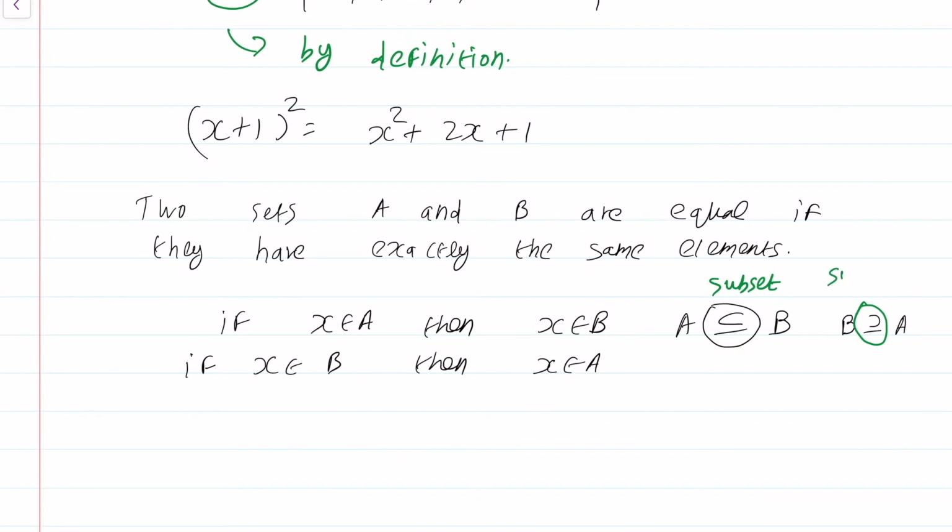The second one is obviously by analogy, just B subset of A, or A is a superset of B. So to show that A and B are equal, all you need to show is A subset of B and B subset of A. If you show both of these, that means A and B are exactly the same sets. A is equal to B.